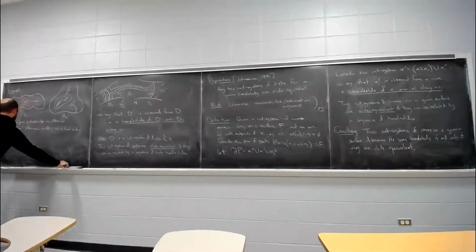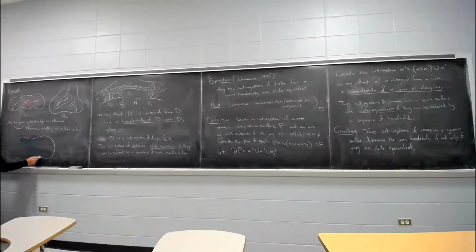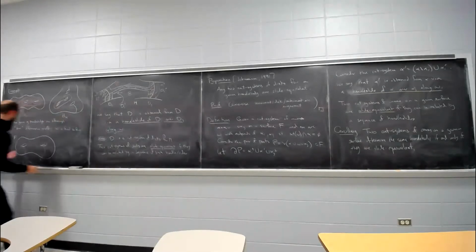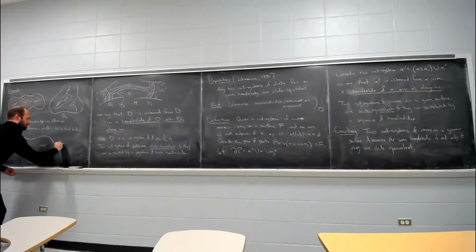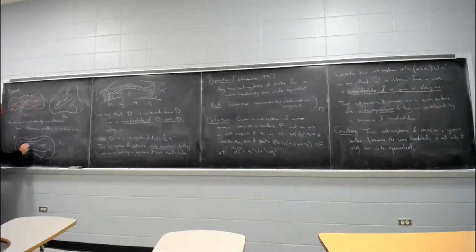Whereas instead you might have something like this, where you have a fixed surface F and some alpha curves. And the handle body they define, we can take maybe this is alpha 1 prime, alpha 2 prime, so this is alpha prime. This defines a handle body H alpha prime.